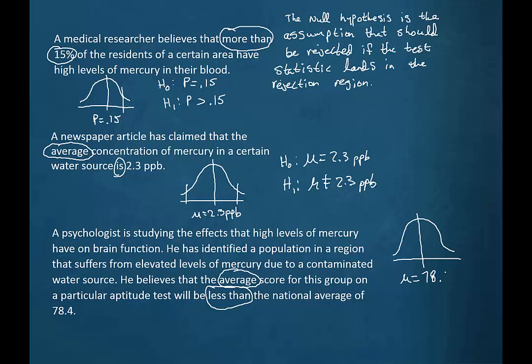So this assumption that the mean is 78.4 would be rejected in favor of this person's belief if the sample statistics fell out in such a way that we landed in this very unlikely area way over here to the left, significantly less than 78.4, to allow us to reject a null hypothesis that the mean is 78.4 in favor of an alternative hypothesis that the mean is less than 78.4.